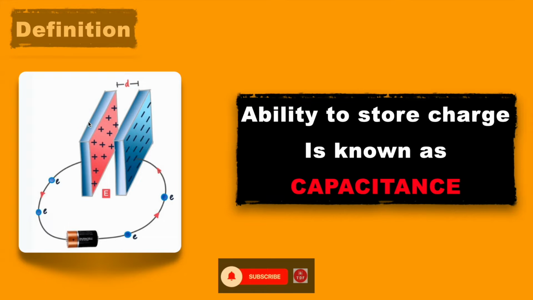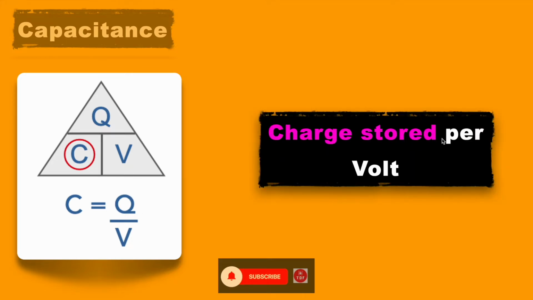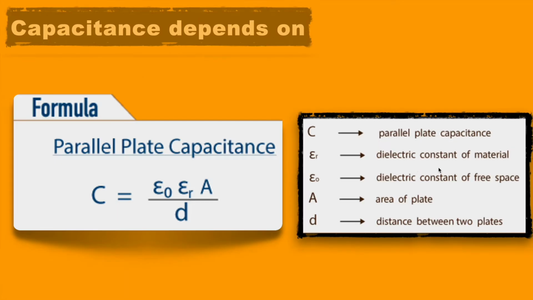This ability of a capacitor to store charge on its plates is known as capacitance, and it can be calculated with this formula: charge stored on its plates per volt. For a parallel plate capacitor, the capacitance depends on the area of the plates.